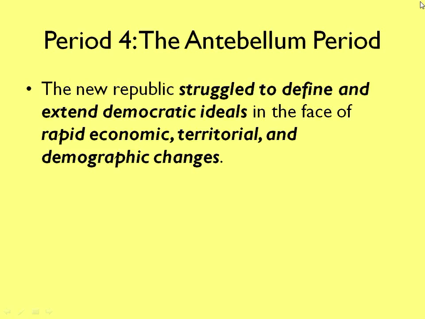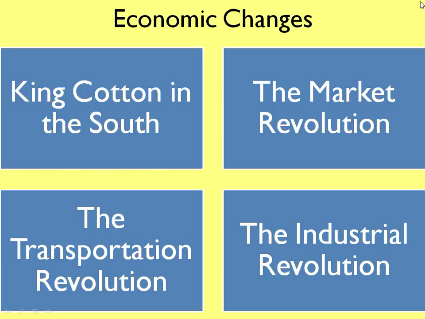The country is going to grow rapidly. We'll have a look at the changes in the map in a moment. And major economic changes as the Industrial Revolution takes hold, and this leads to other revolutions as well. In the South, we now have the expansion of that agriculture economy with cotton.